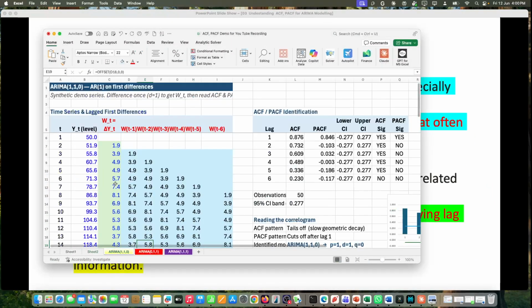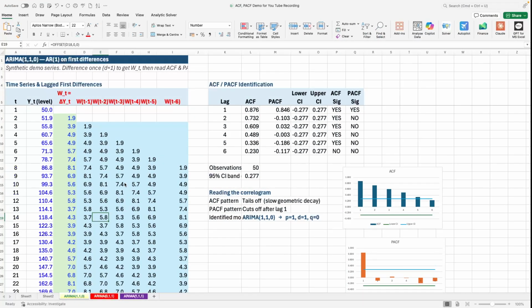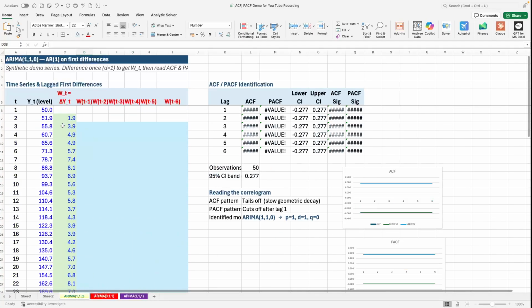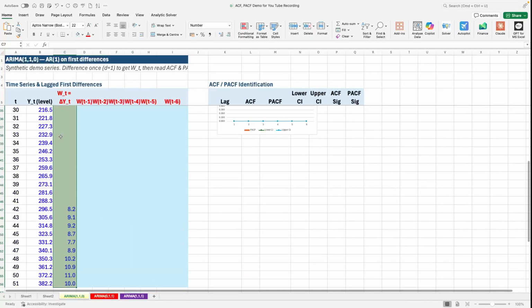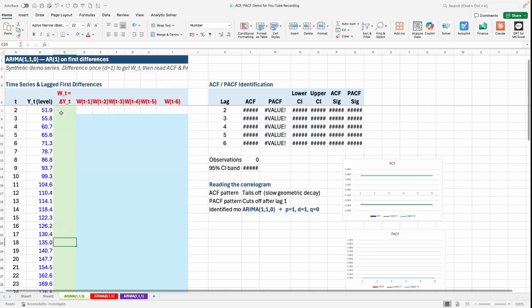I have some sample data of a model. Let's look at how we are going to calculate the correlations, that is, ACF and PACF.